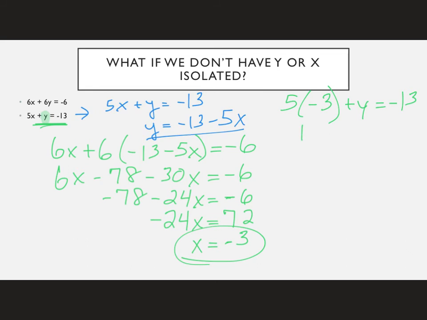So I have -15 plus y equals -13. I'm going to add 15 to both sides. I get y equals 2. So my final solution for this one is -3, 2.